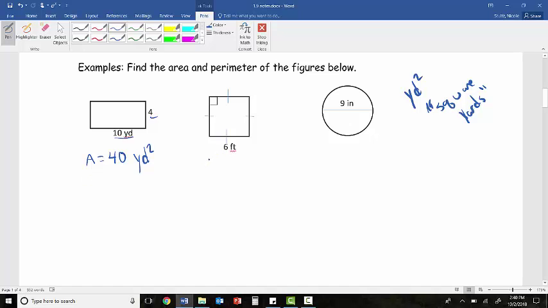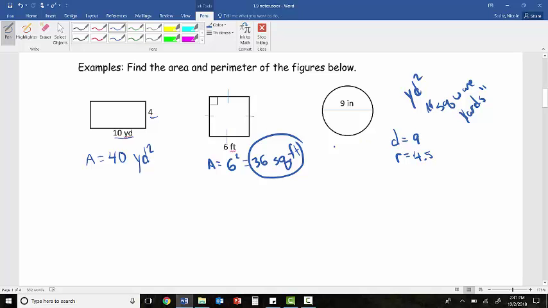The area of your square is going to be 6 to the second, which is 36 square feet. I'm going to write SQ for square and then feet, because that's another way you could show your units. You don't need to use the exponent then. Then your circle is showing you a diameter of 9. That means your radius is only 4.5.